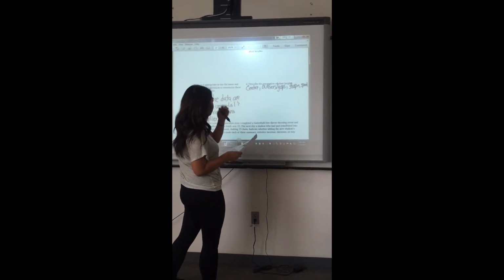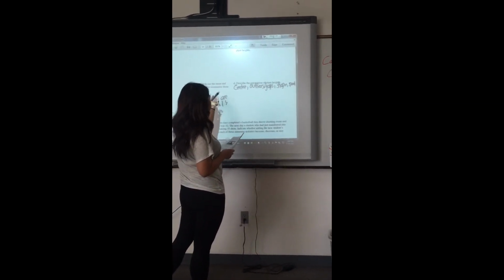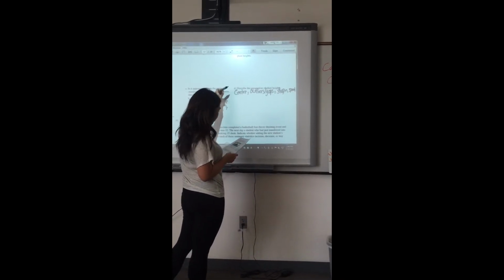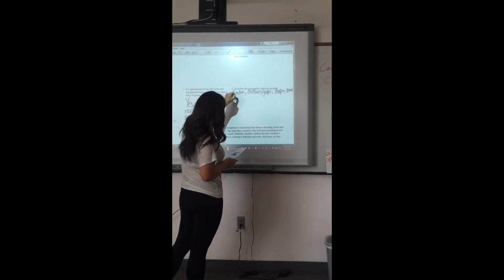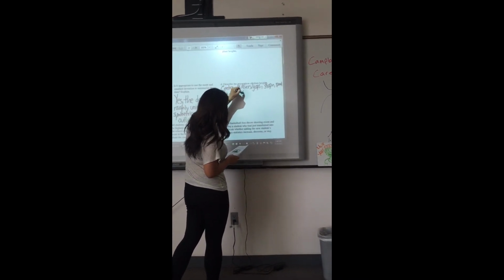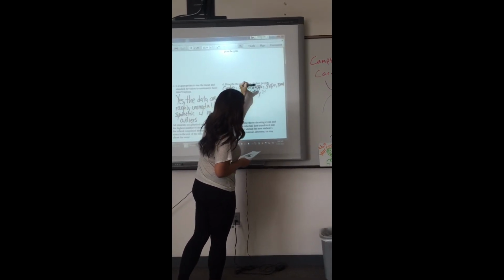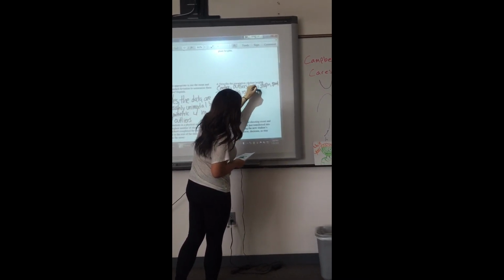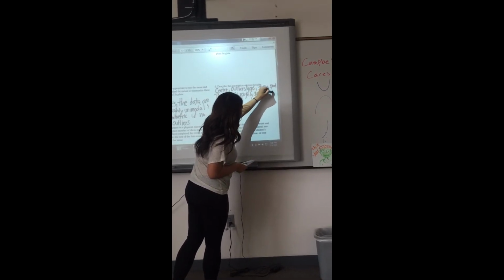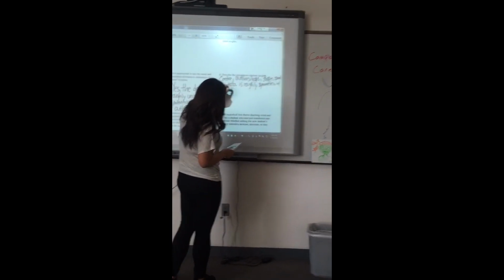So for the center, as you can tell by the graph, it was pretty symmetric, and it didn't have any outliers, so we could say that the data is roughly symmetric with no outliers.